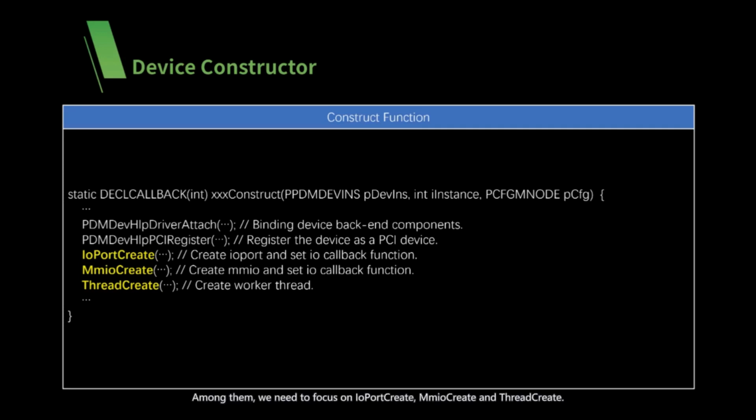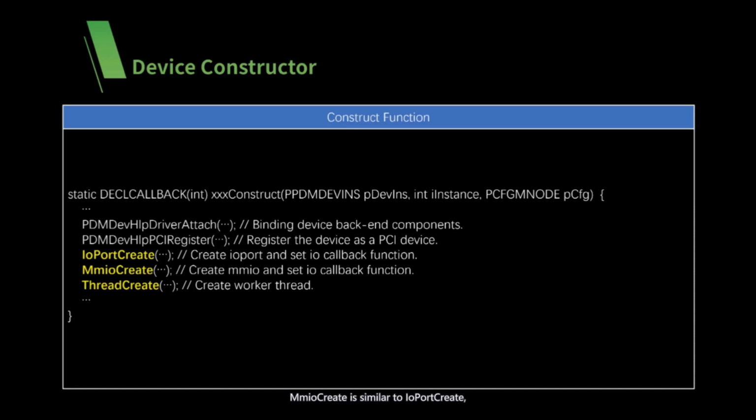Among them, we need to focus on IO port create, MMIO create, and thread create. IO port create registers the IO port and IO callback for the device, so that we can use the in and out instructions to call it from the guest.